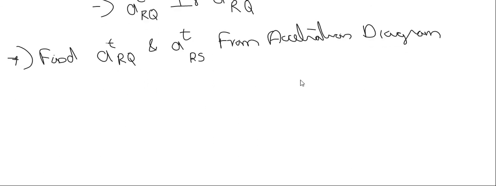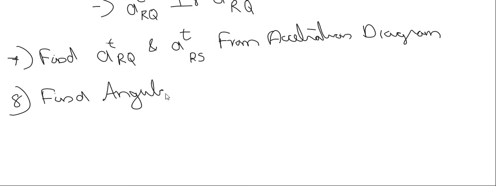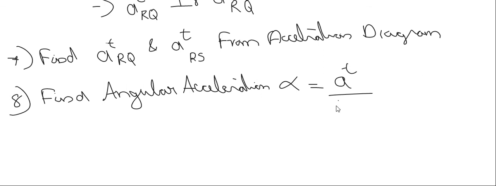Finally, find the required angular acceleration alpha by the equation AT divided by length of the link.